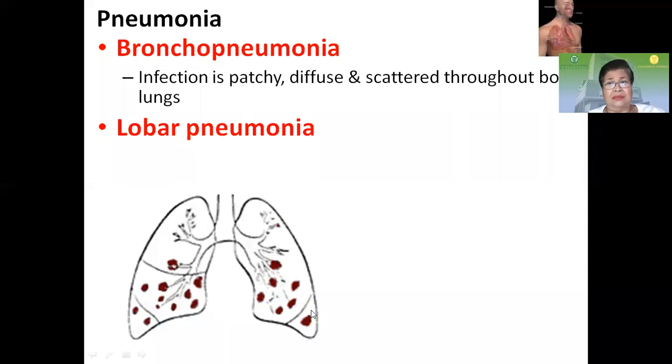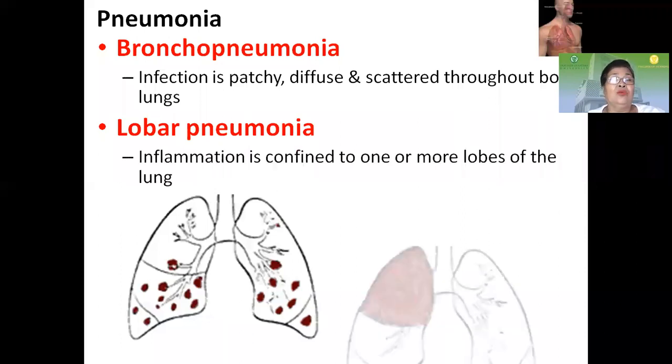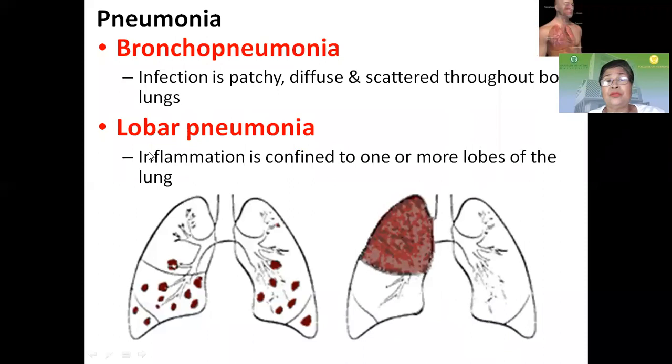While when you say lobar pneumonia, from the word lobar, it affects only one lobe. It can affect the upper lobe, middle lobe, or lower lobe. So again, according to part of the lungs affected, it could be bronchopneumonia, which is patchy, diffuse, scattered, and lobar pneumonia, which affects only one lobe. It is localized.